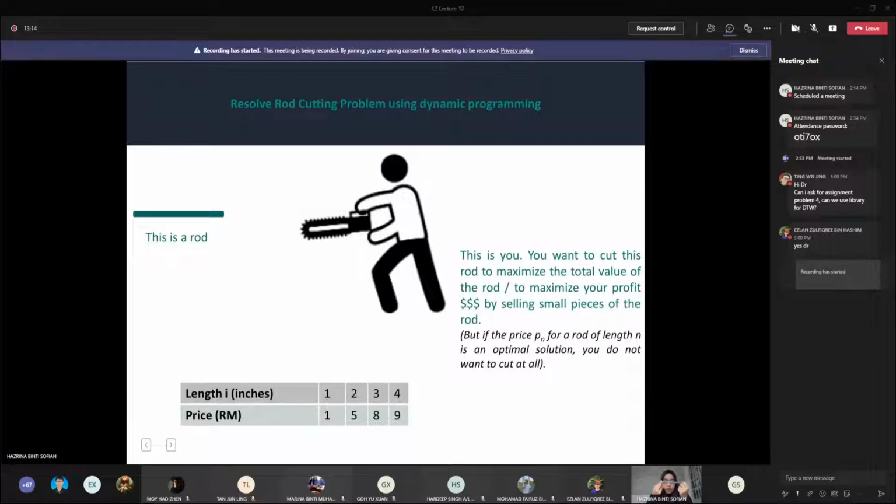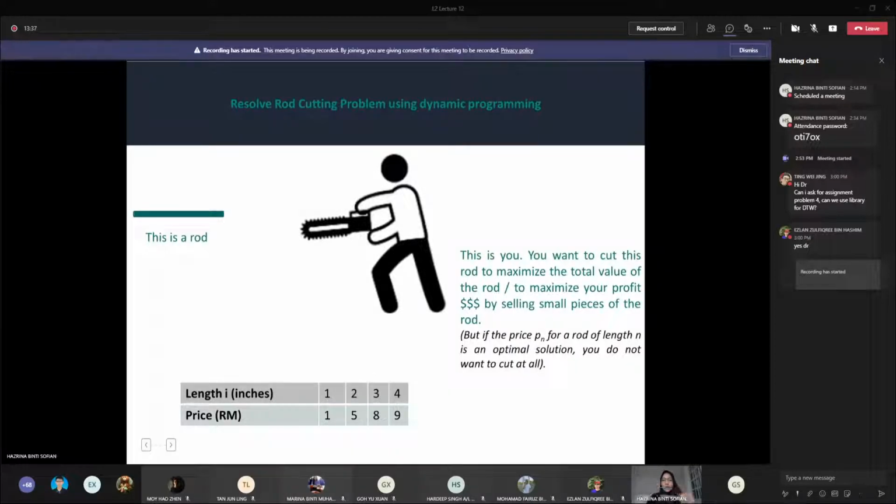Today we're going to help this businessman. Pretend you are a businessman selling rods. You want to cut this rod to maximize the total value of the rod.